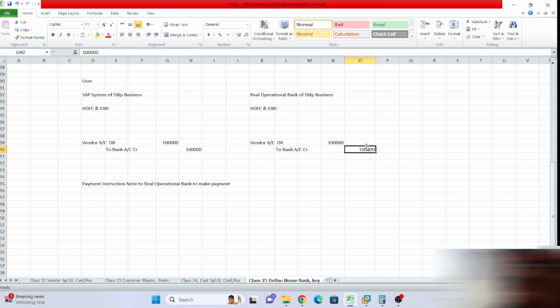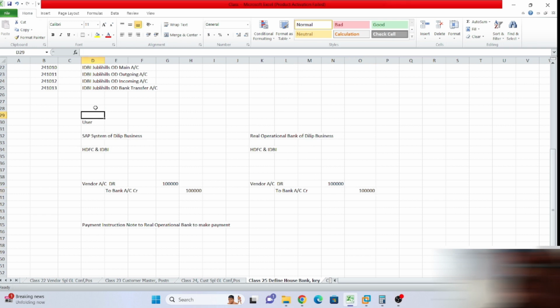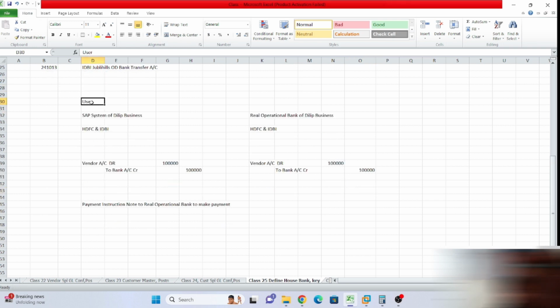So this is the SAP system, and this is the real operational bank.